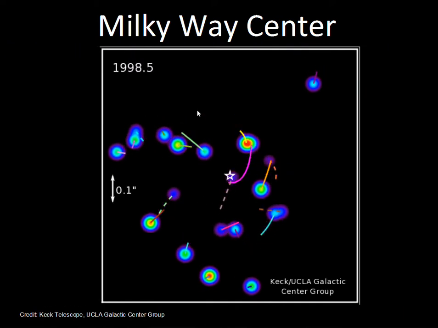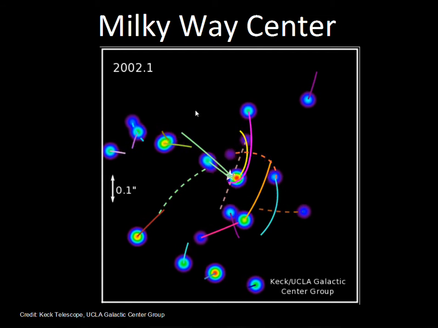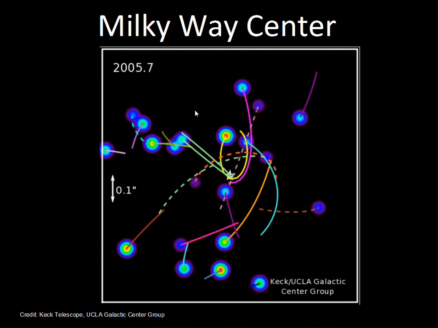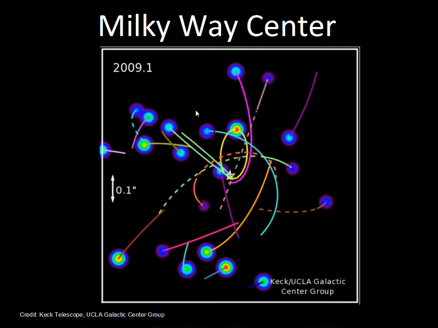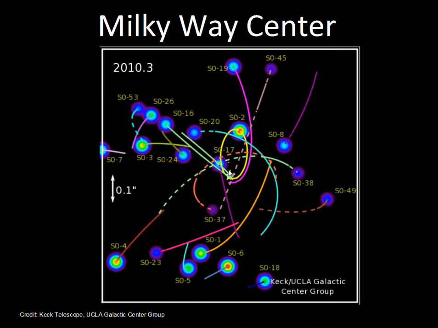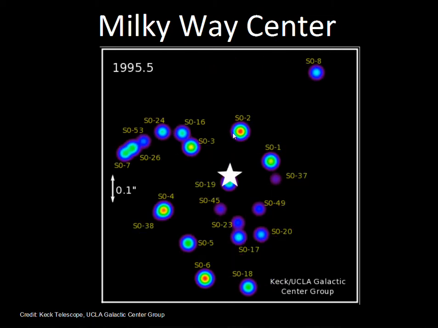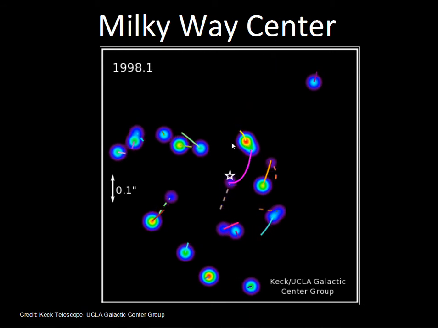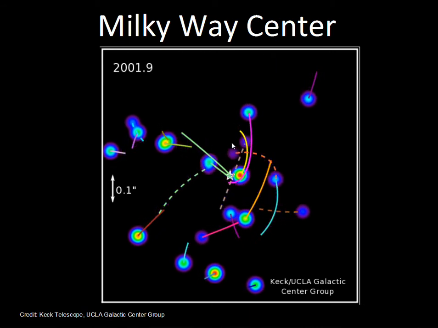So, motion of stars with the infrared telescope. Astronomers have observed stars in motion around the center of the Milky Way galaxy. From the size of the orbit and from the speed of the stars in the orbit, astronomers have calculated that there's a supermassive black hole at the center of the Milky Way galaxy.